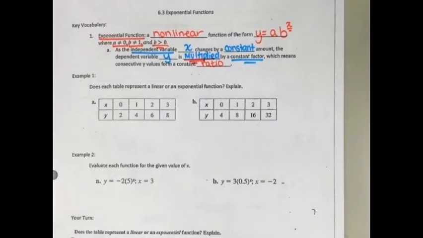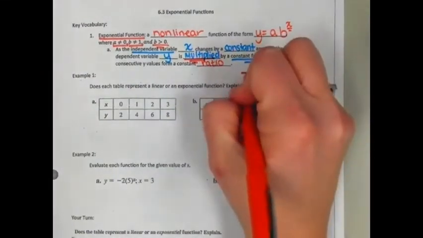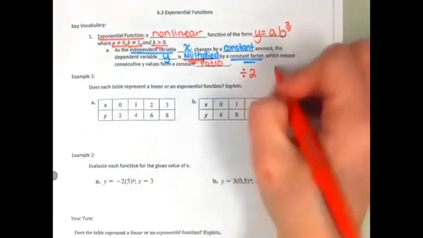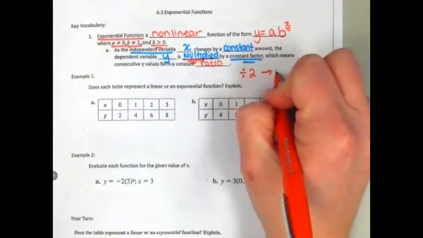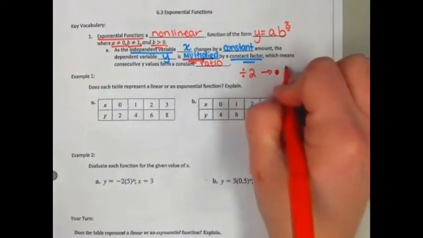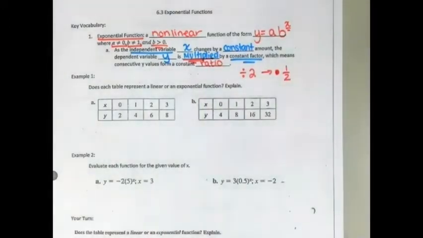So my y can be multiplied or divided. However, when we say it was divided by 2, when we talk about that ratio, it's actually being multiplied by what? Dividing by 2 is the same thing as multiplying by 1/2. So my ratio would be 1/2.